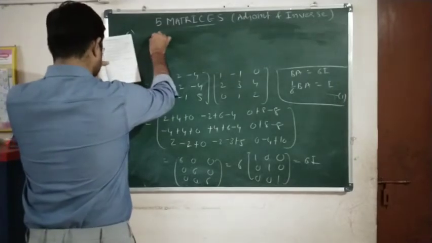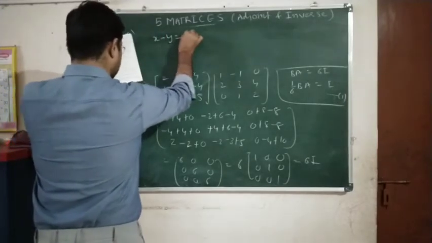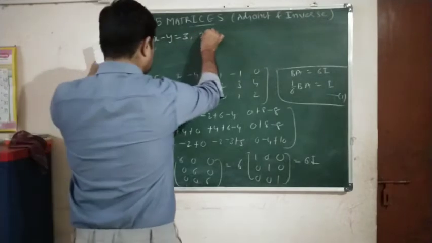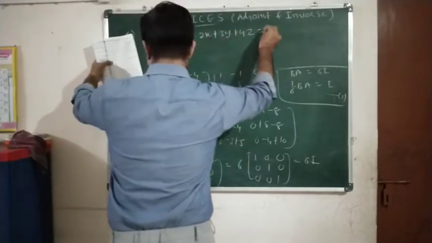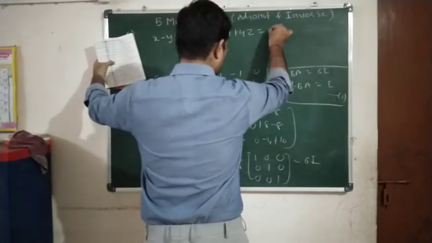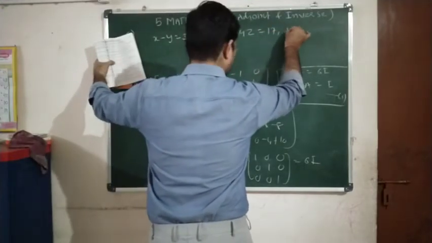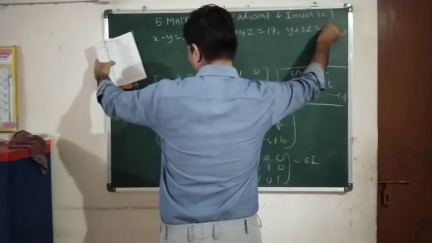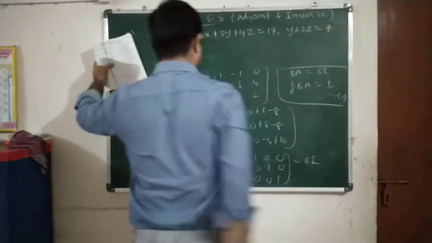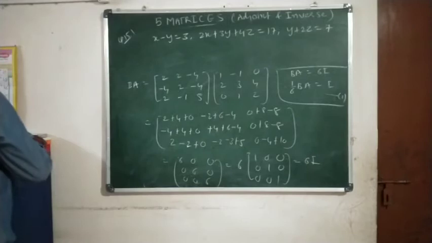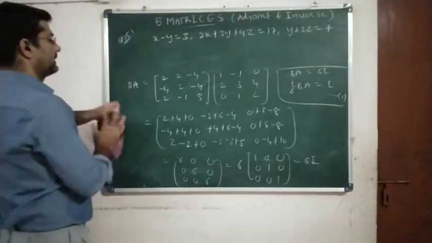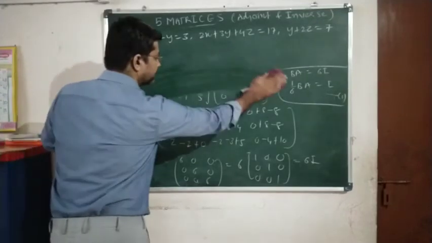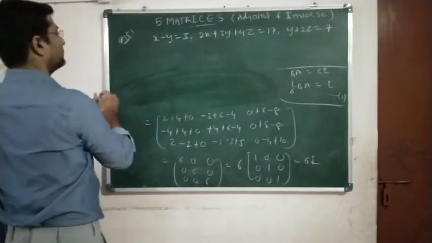Okay, so x minus y is equal to 3, 2x plus 3y plus 4z is equal to 17, and y plus 2z is equal to 7. Let us write down a matrix equation for this.